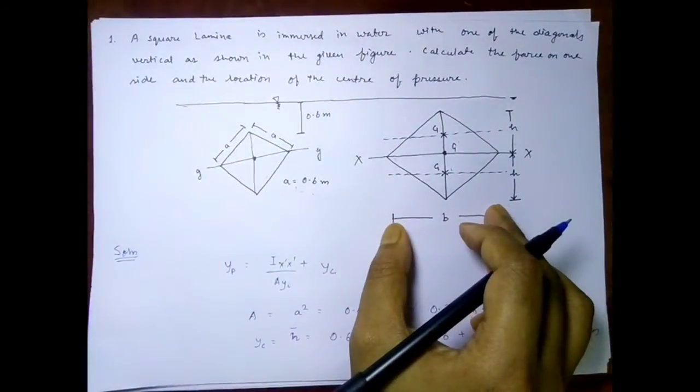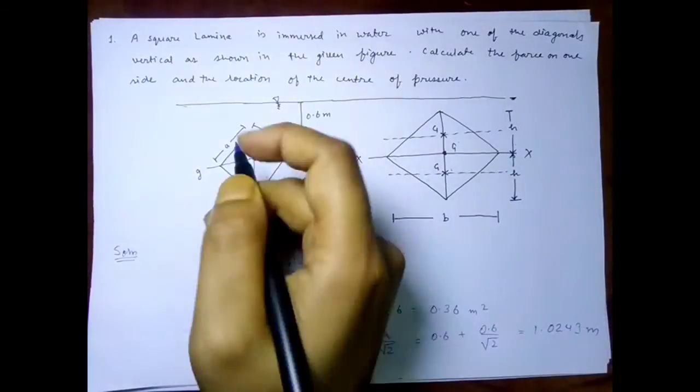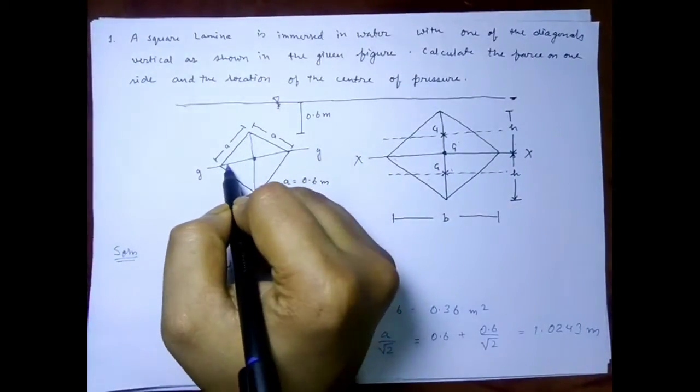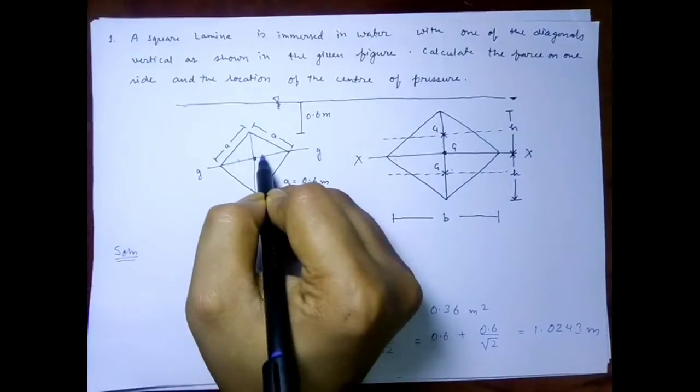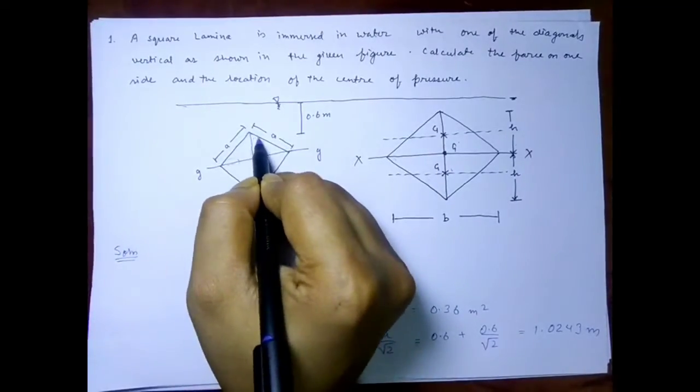The value of B we can find by calculating it through Pythagoras theorem.